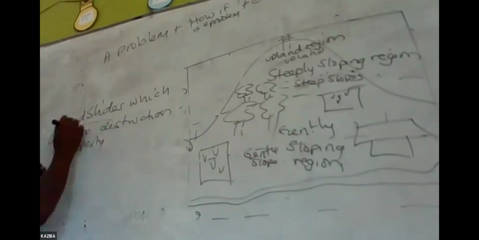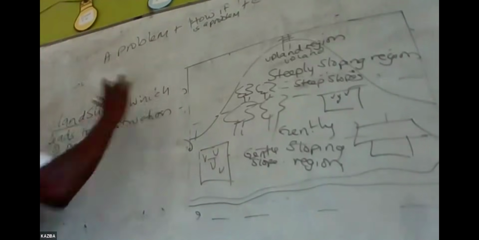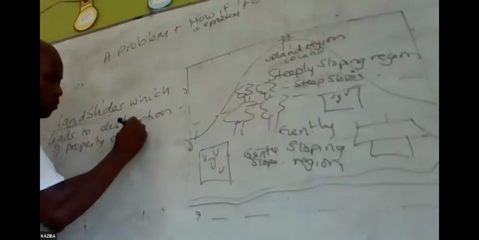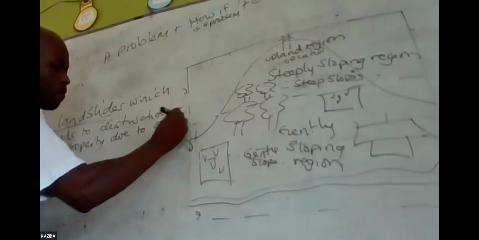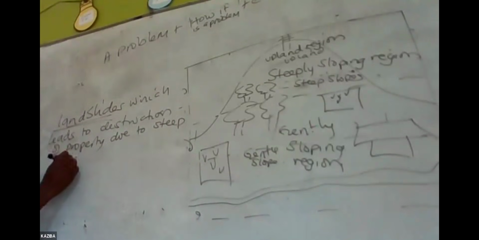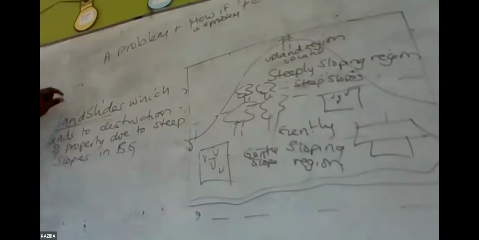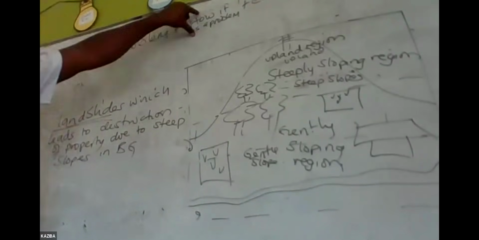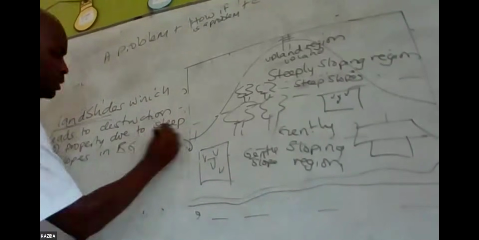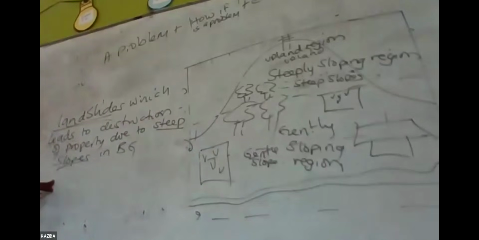Evidence, due to steep slopes in the background. So if given landslides, that's the problem. How is it a problem? Destruction of property. Evidence, due to steep slopes. Steep slope is the evidence. Ground, background.